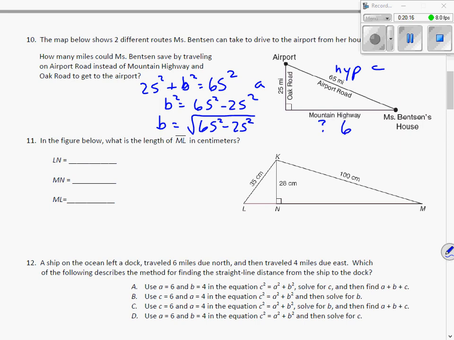So if that's 60, then that's a total of 85 miles to go this way. A total of 65 miles to go this way. So it's 20. The question is, how many miles could she save? 20 miles is how much she would save. Make sure you answer the question.